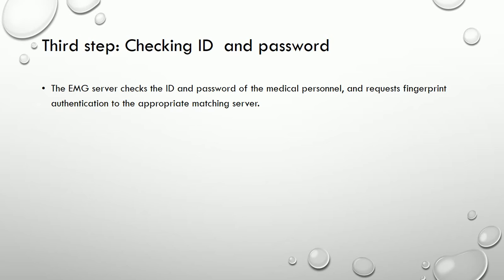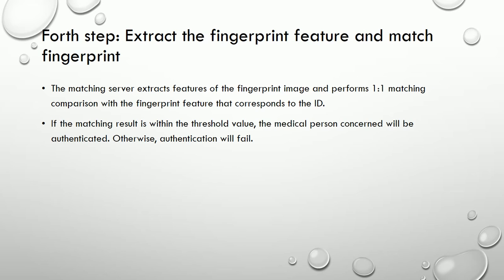And the third step is checking ID and password. It is in the electronic medical record server to check the ID and password of the medical person, and then request the fingerprint authentication to the appropriate matching server.